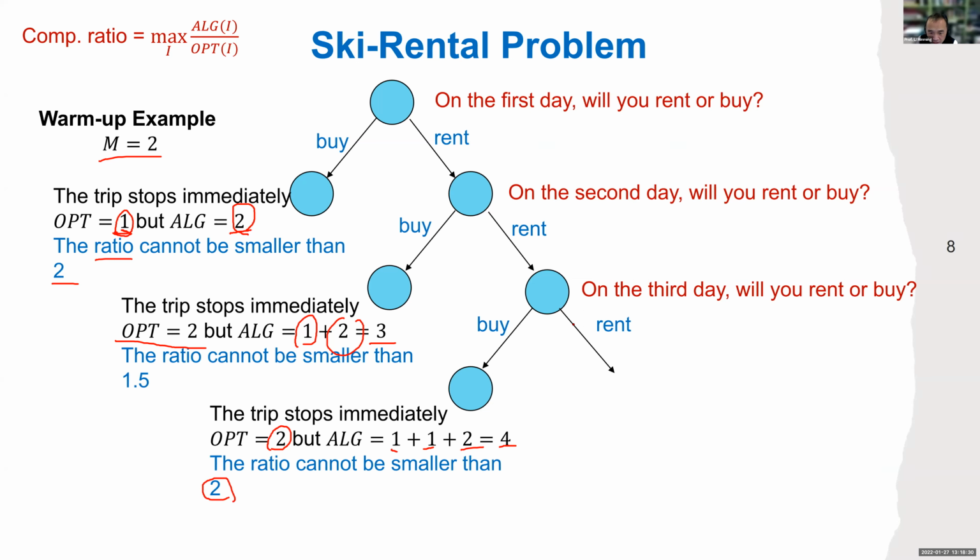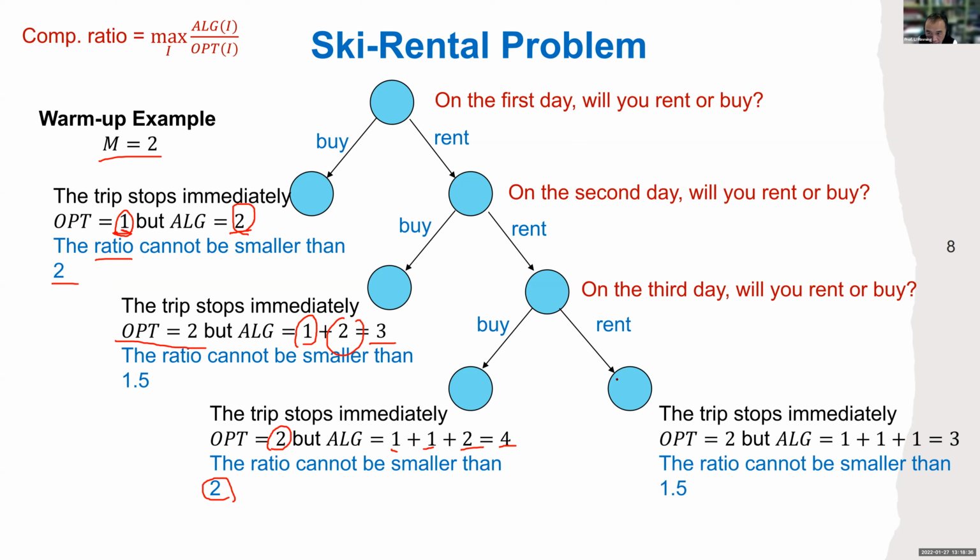Now, on the last day, on this third day, even if you rent, I can make you very bad. I also stop. In this case, optimal is 2 because optimal just buys once, but your algorithm rents, rents, rents. It's 3. So in this case, the ratio is 1.5.